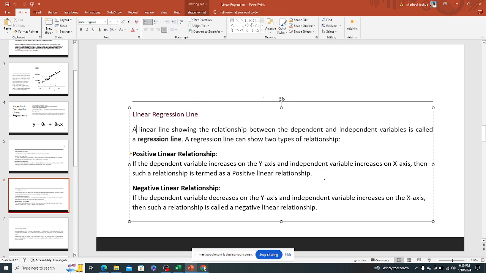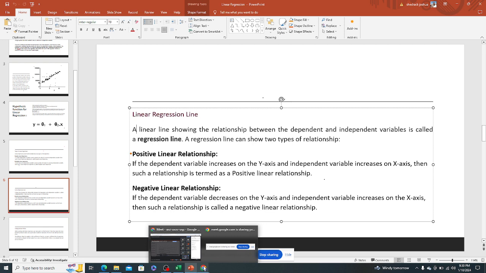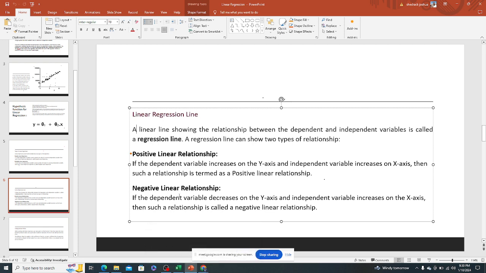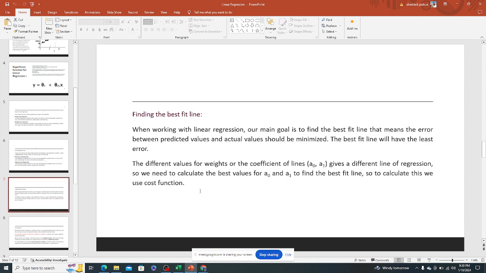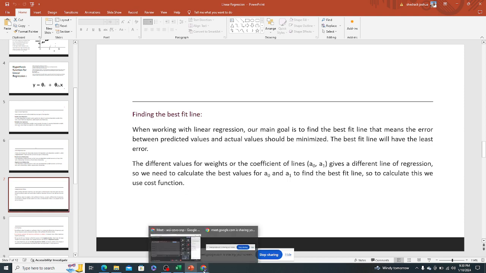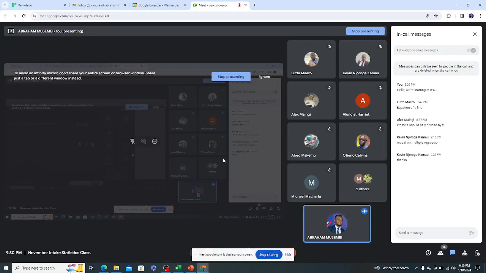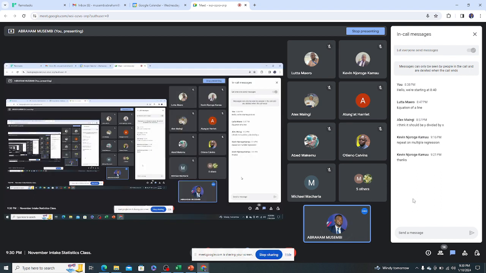In such a case, we talk about a negative linear relationship. Is that clear? I hope that point is clear. Good.